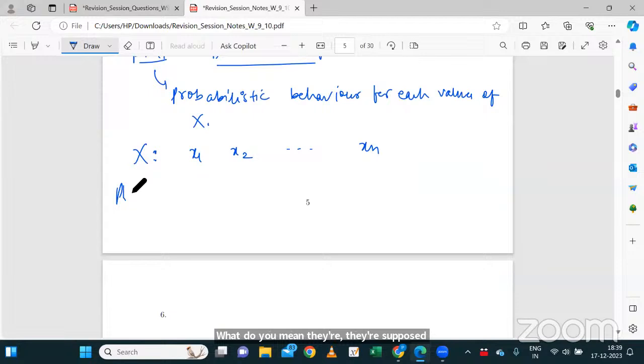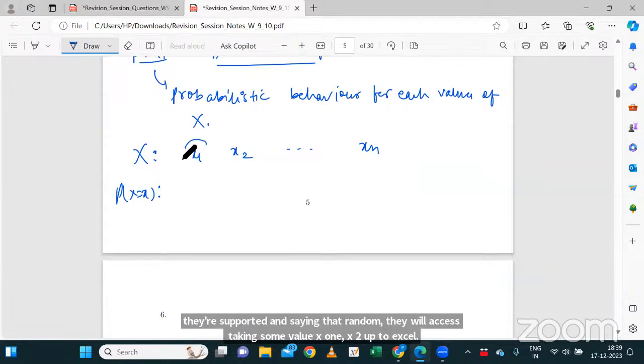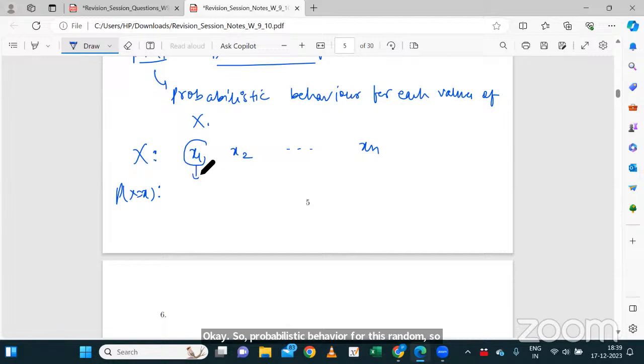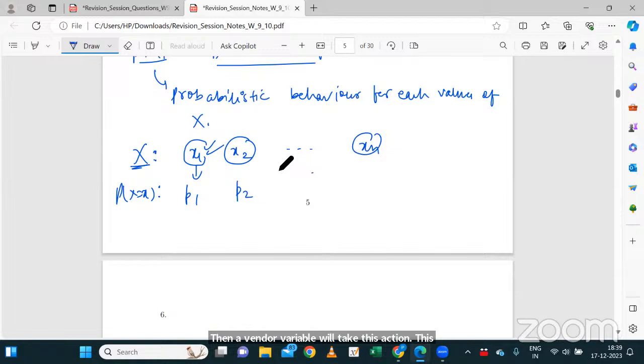What is the probabilistic behavior for each value? In layman's terms, what is the weightage for this value? Let's say P1 for x1. What is the weightage when the random variable takes x2? This is P2. What is the weightage when the random variable takes value xn? Let's say Pn.